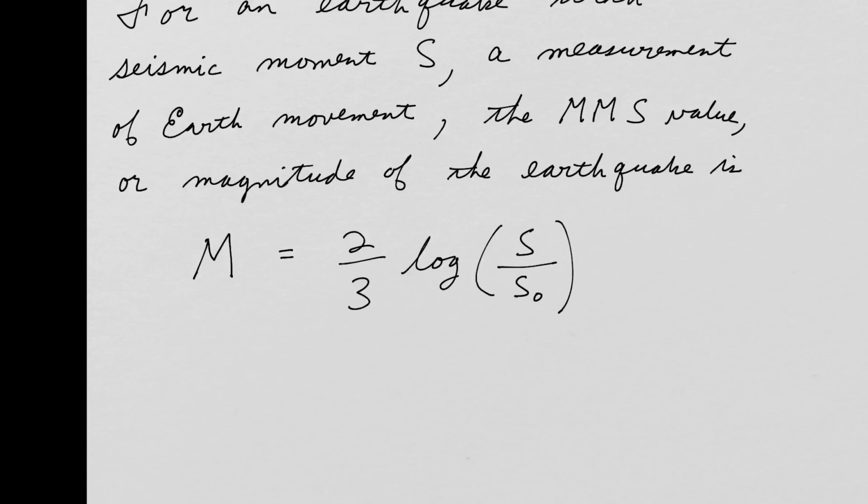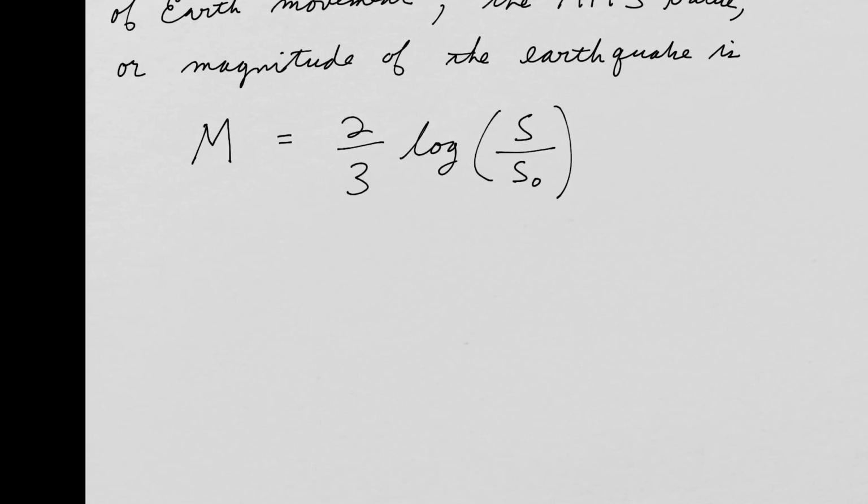Where S sub 0 is just like a baseline measure, and it has a value. S sub 0 is equal to 10 to the 16th, so it's 1 with 16 zeros after it, a very large number, a baseline measure for the seismic movement.